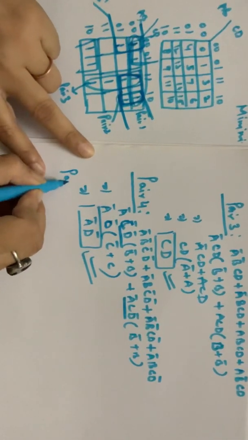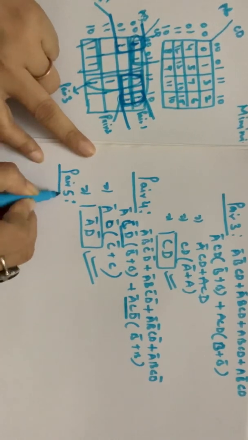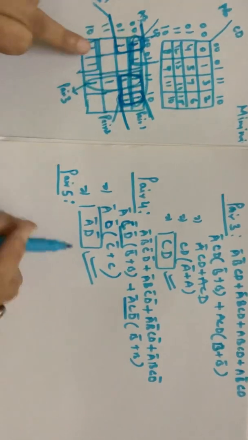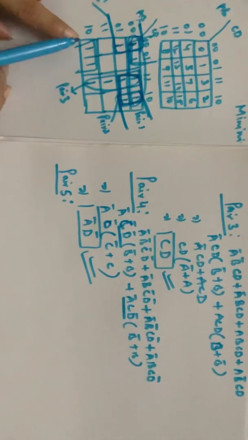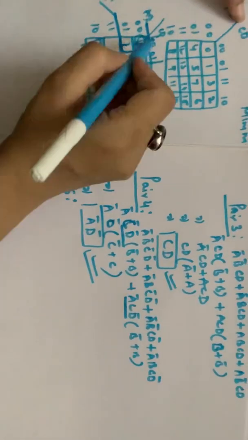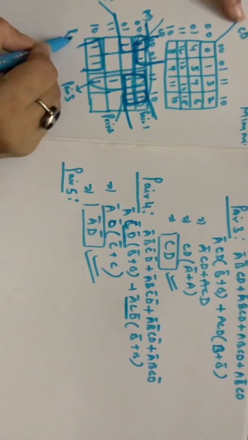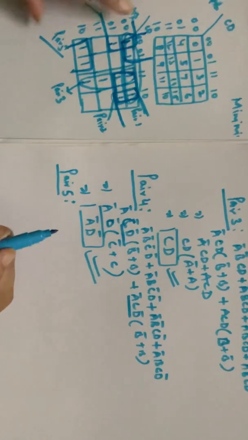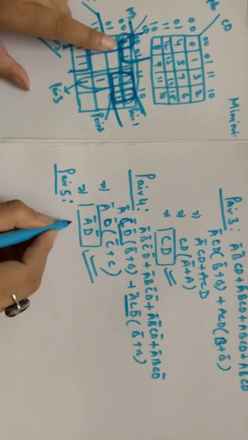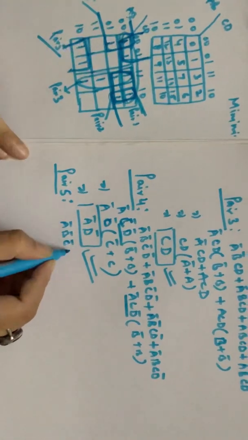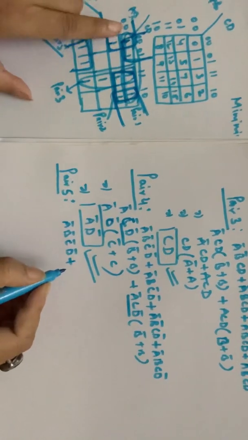Now try to solve pair 5 similarly. What value will pair 5 give? This is my pair; I have solved the one above. Now look at this one, this and this. So this is my pair 5. Pair 5 will give the value A bar, B bar, C bar, D bar plus this value I have taken.